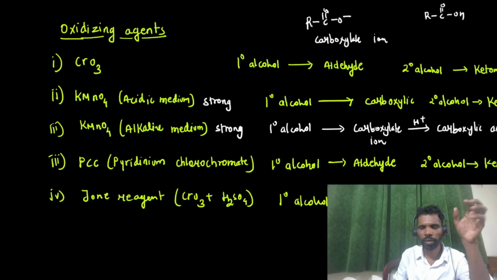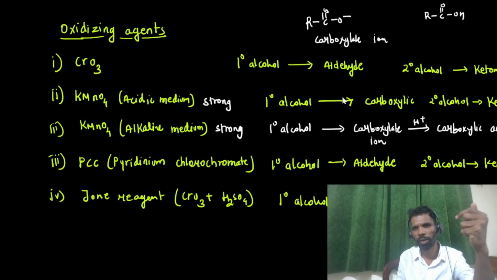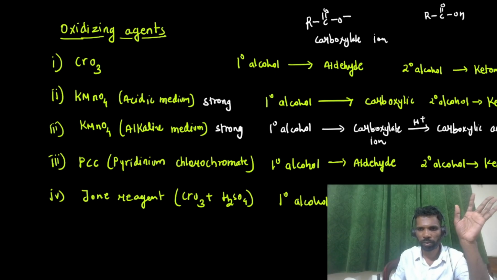Whenever I say primary alcohol to aldehyde, it is mild. Even if it is converting aldehyde to carboxylic acid, it is a mild oxidizing agent. But something which converts primary alcohol to carboxylic acid directly, that is a strong oxidizing agent. And secondary alcohol goes to ketone. Clear?